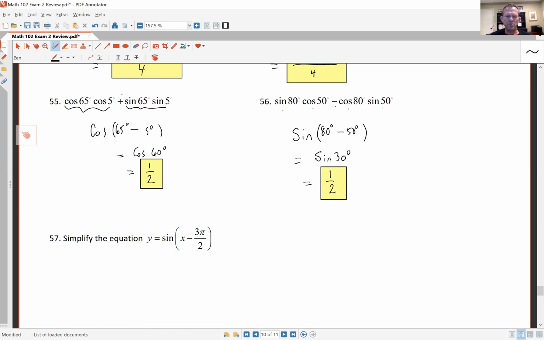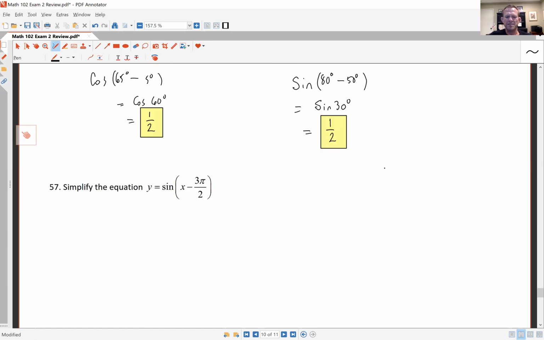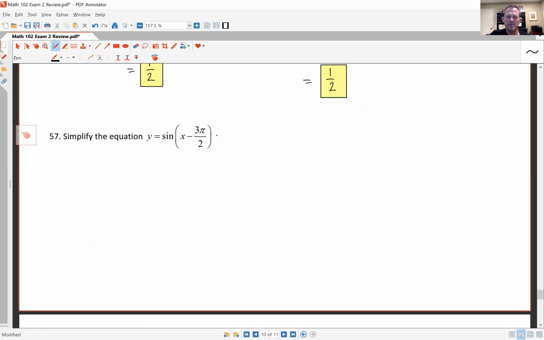So now what's interesting with these difference formulas, you can simplify phase shifts for sine and cosine waves. So to simplify this, we know that it goes sine, cosine, minus cosine, sine, or sine, cosine, doesn't matter. So sine of x, cosine of 3 pi over 2, minus sine of 3 pi over 2, cosine x.